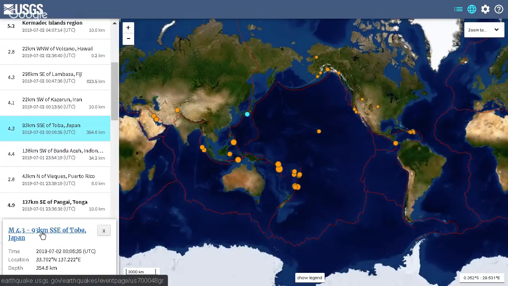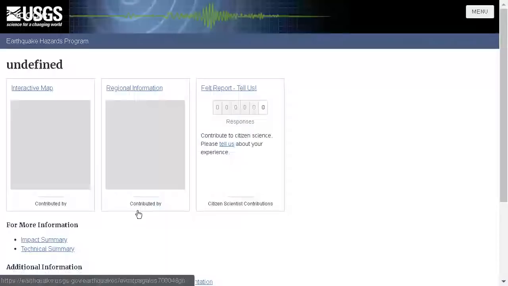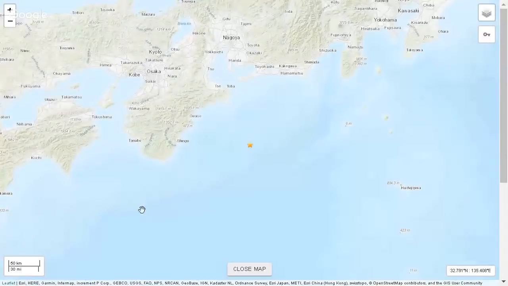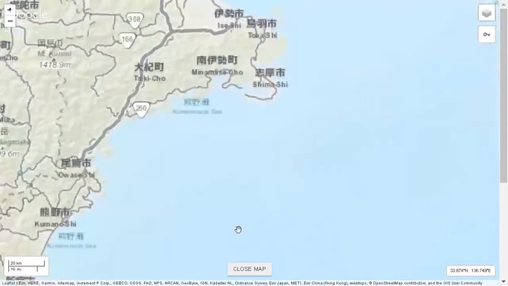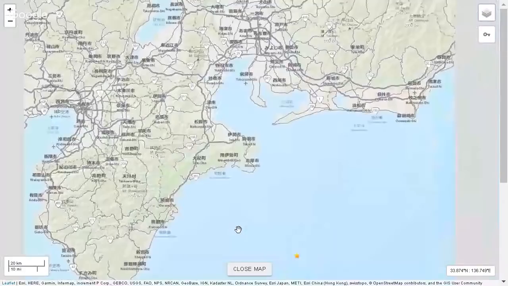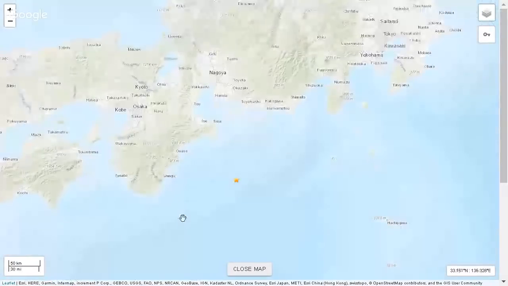4.3 at Toba, Japan. Here's a location of that one.